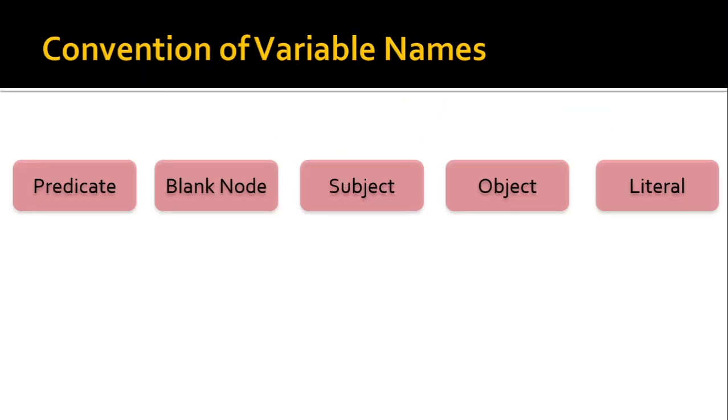So before going to the rules of the entailment or rules of deduction, let us use some common convention for the variables that we are going to use. Basically, we have got predicates, blank nodes, subjects, objects and literals.